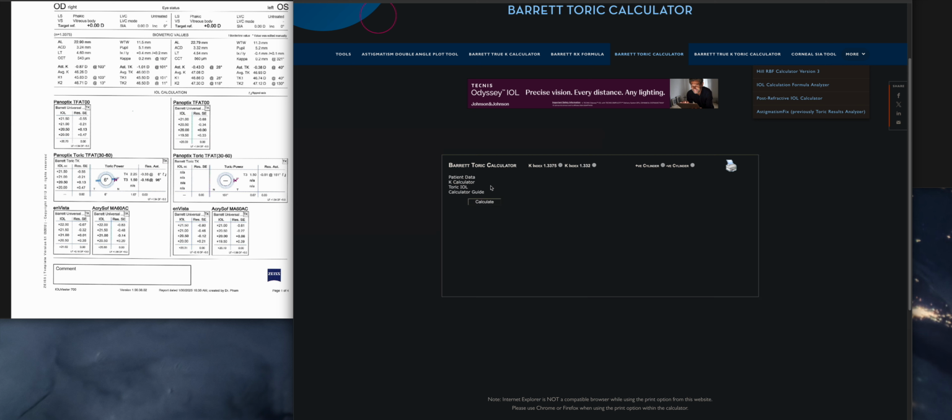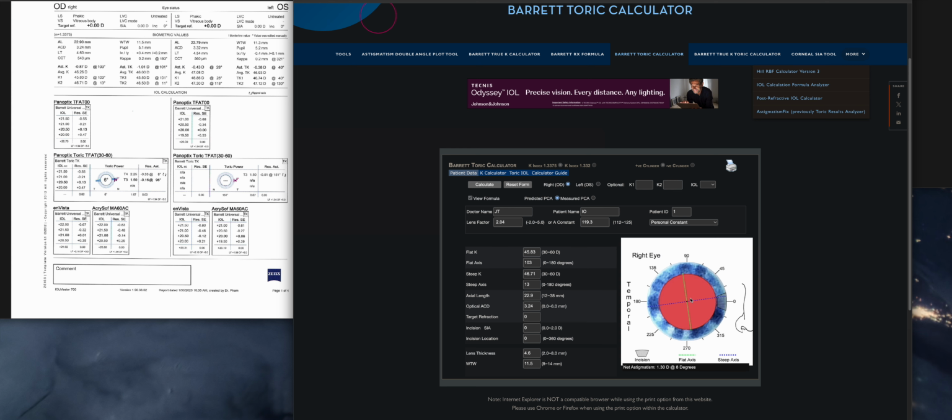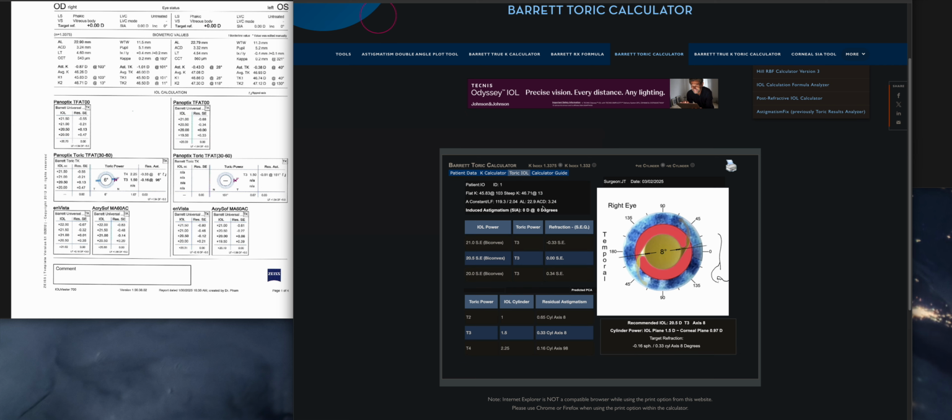It'll pop up the new photo over here. It looks good. Let's go to IOL, and again, make sure you check these numbers. Sometimes if you're in a hurry, you may be jotting one number here, one number here. You just double check. It's always worth the extra 10 seconds.